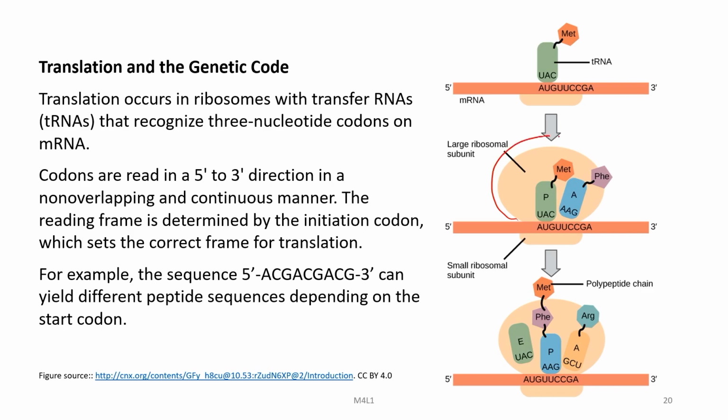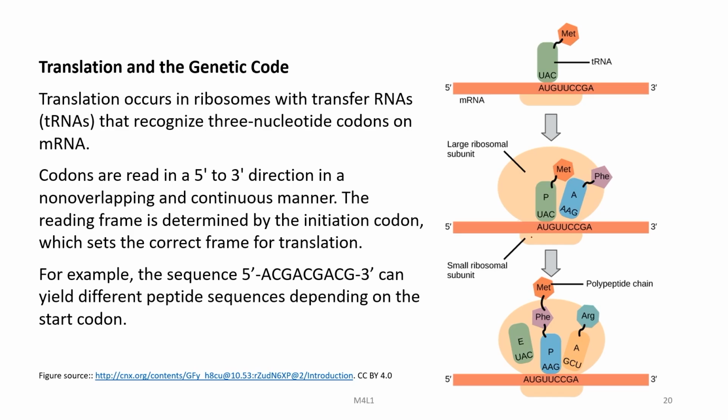This is the large ribosomal subunit and this is the small ribosomal subunit, and then we have the tRNAs bringing in the amino acids, and the anticodon identifies the triplet codons on the mRNA by complementarity.